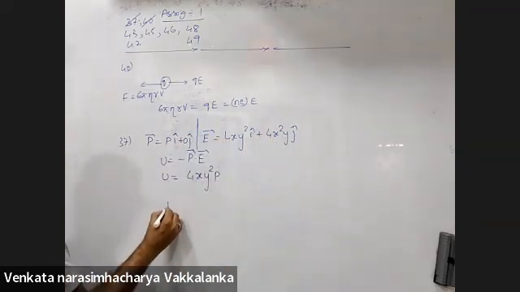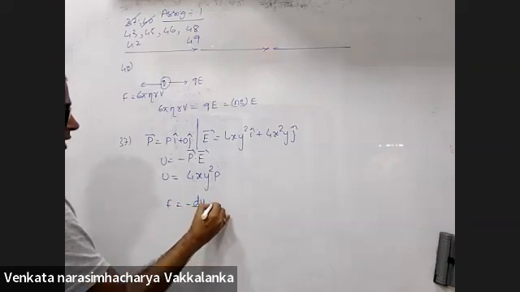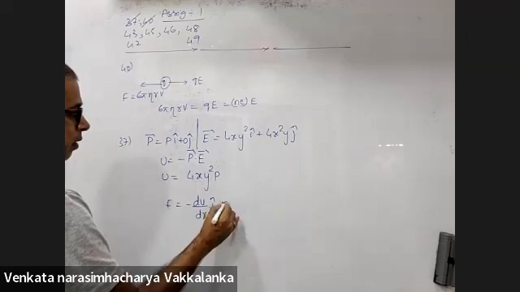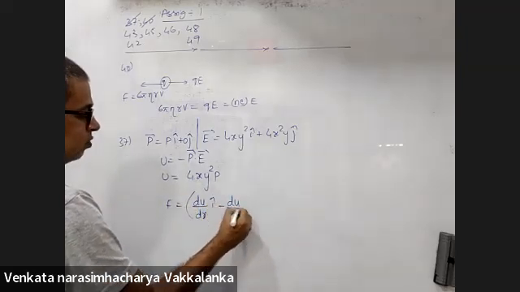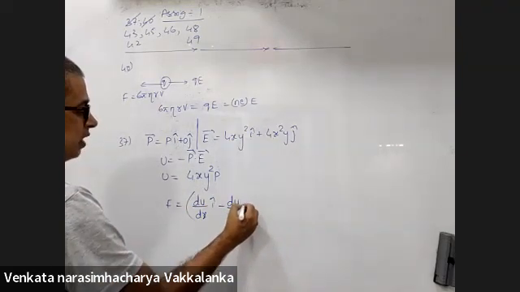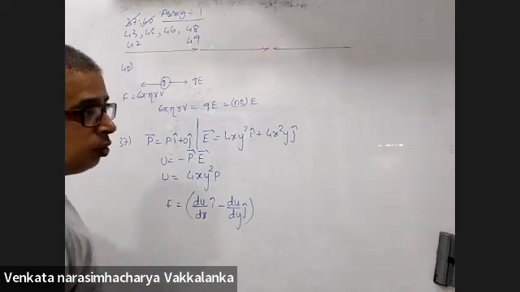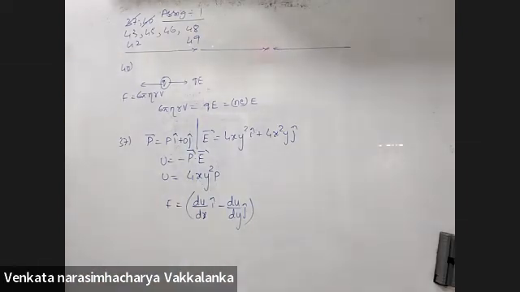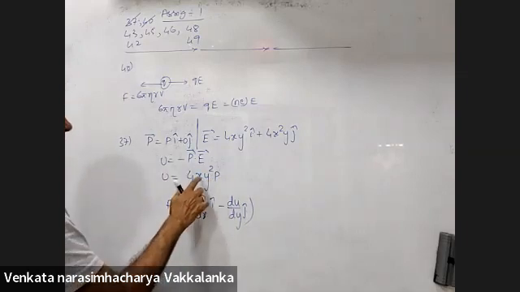This is the potential. F is minus du by dx i cap. Keep the negative sign outside. Minus du by dy j cap. More orthodoxly, del u by del x, or partial differentiation. Differentiate this with respect to x, put i cap.